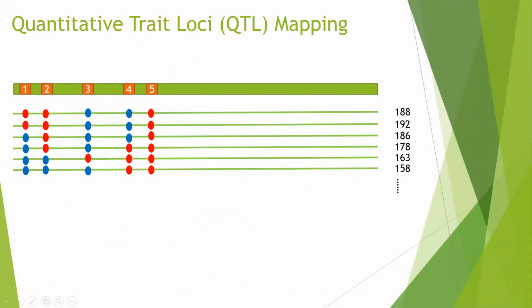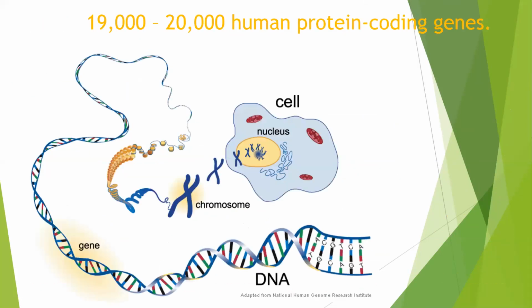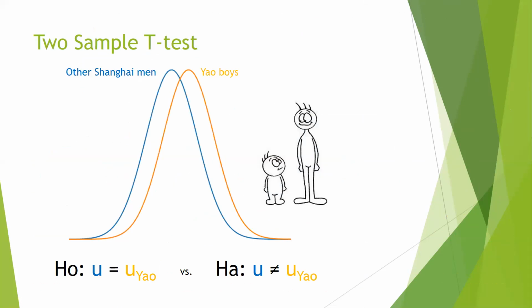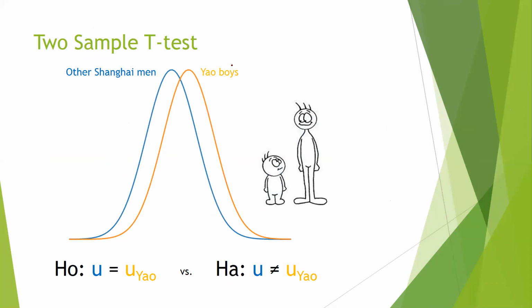Okay. This one? Yeah. Okay, before I talk about this slide, let's look at this one. For this one, we just compare two populations, right? One population is the Yao family, and the other is the men outside of the Yao family.